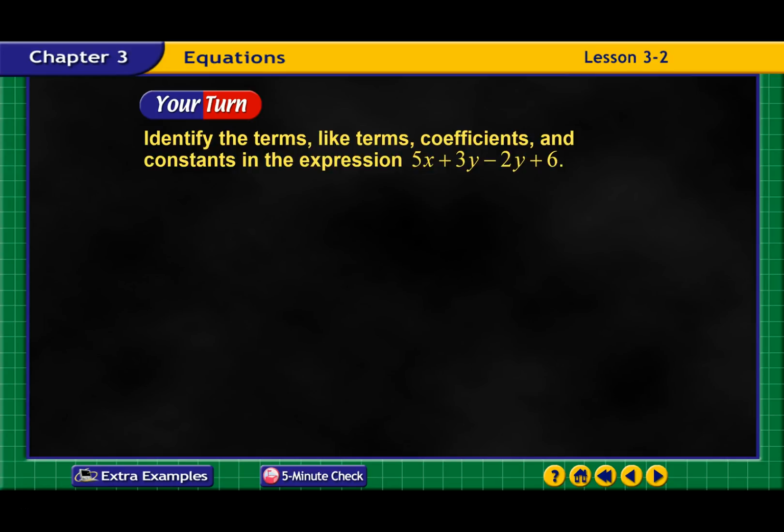All right, so terms are going to be 5x, and then it's separated by a plus or a minus, so the next one would be 3y. There's a plus or a minus. It's going to be negative 2y and 6. So that'll be my terms. Coefficients are going to be 5, 3, 2, and maybe 6.